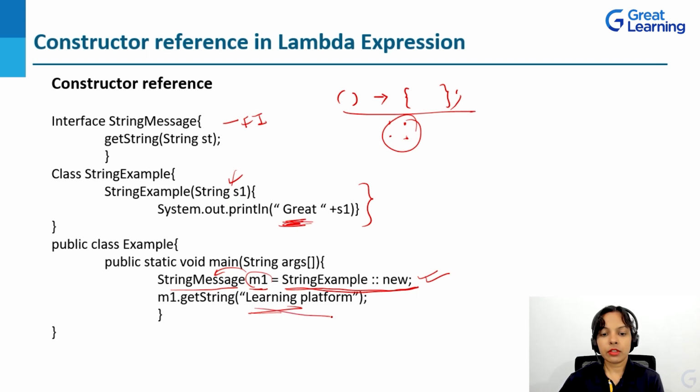So this text will be passed to this constructor in the form of string s1. So great plus the string being referred, that is learning platform. So together, great learning platform will be the output of this code. This is how we refer to the constructor from the Lambda expression.